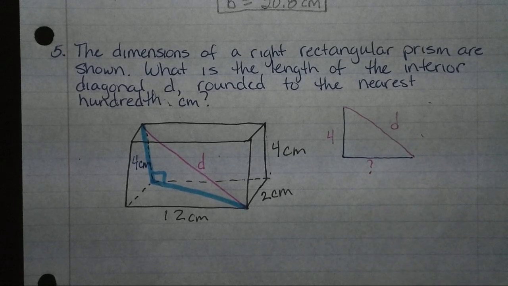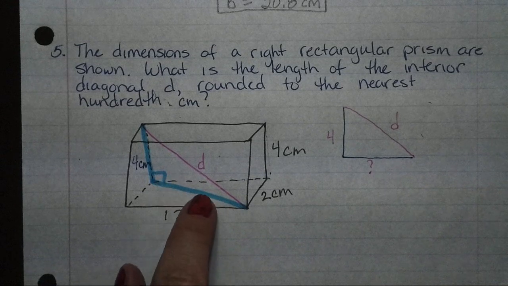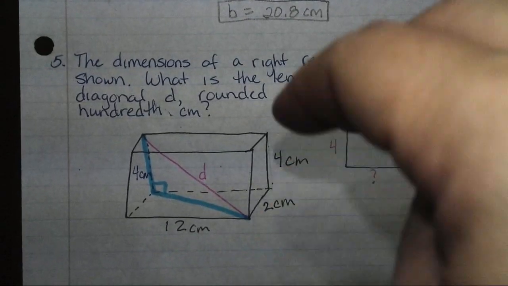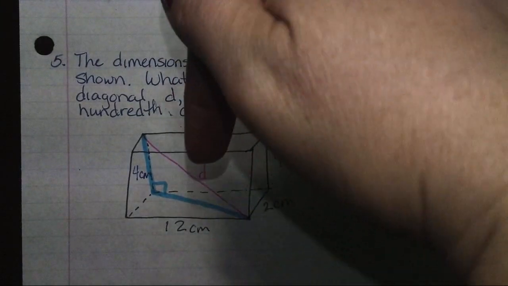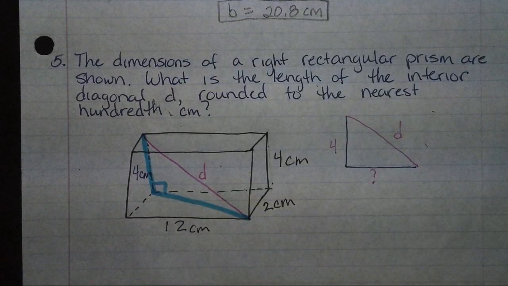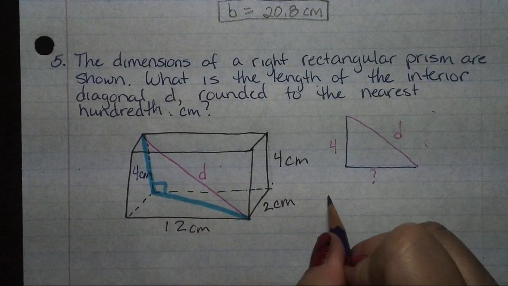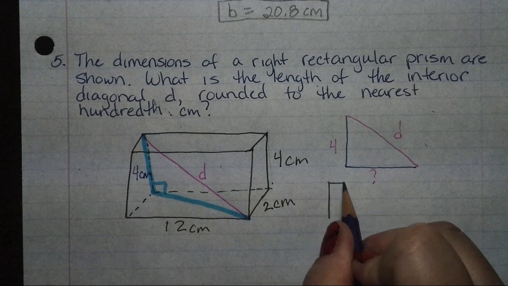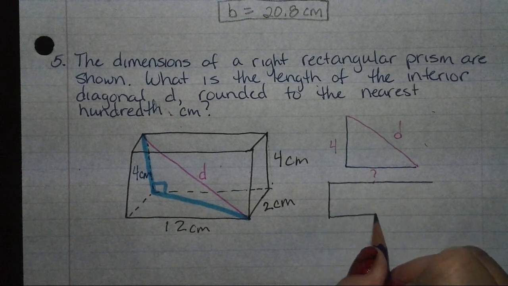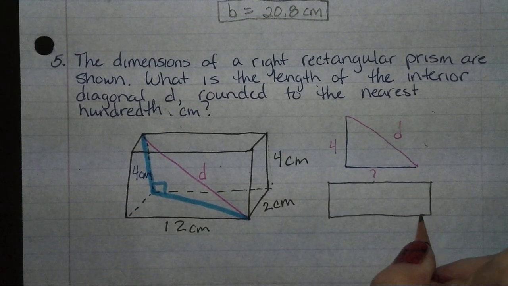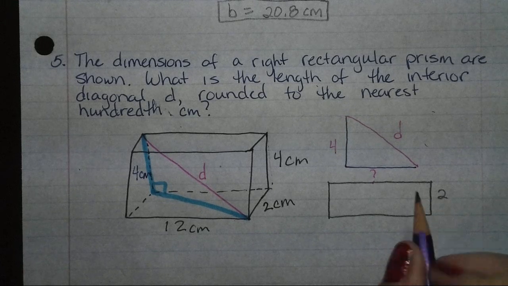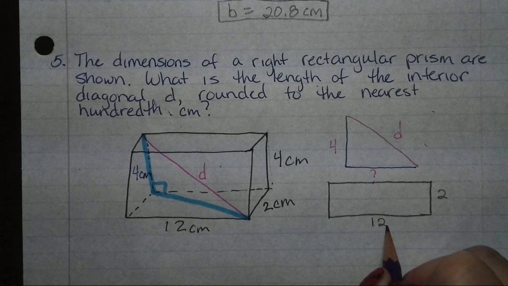All right. What I do know is that I could find this length if I'm looking inside the box. So if I'm looking down inside the box at the base, I see this picture right here. And I know that this is 2 centimeters and this is 12.